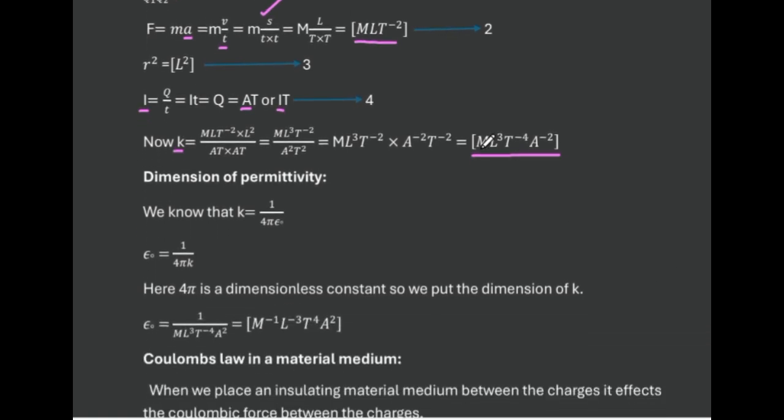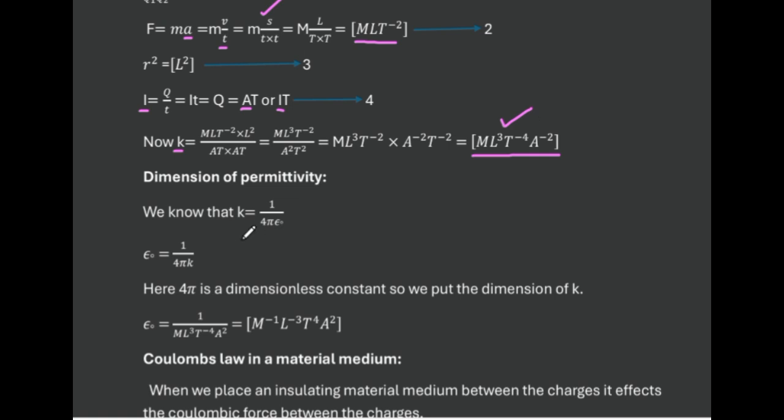Enclose the dimension in square brackets. Remember that. Dimension of permittivity: we can calculate the dimension of permittivity directly from Coulomb's law, but it is easier if we remember the dimension of the Coulombic constant.